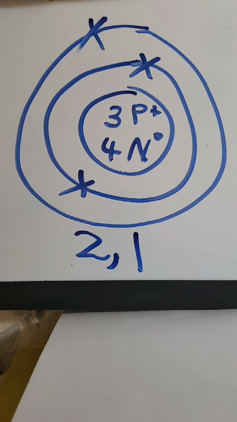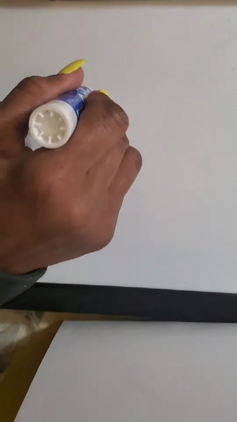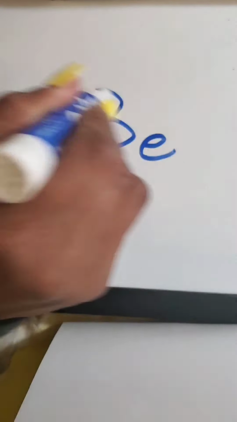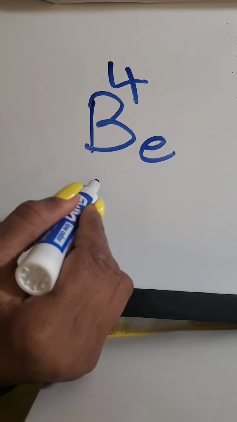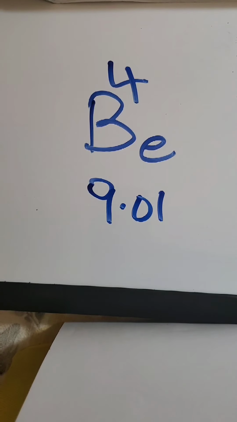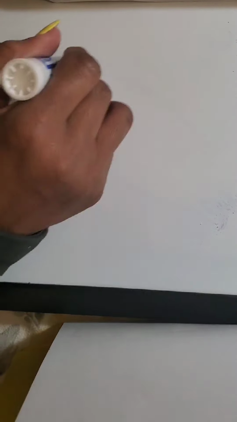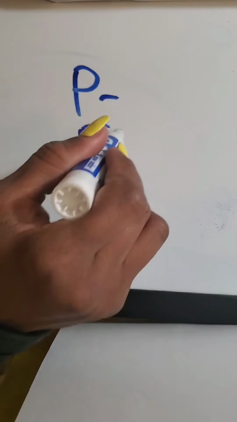Now let's move on to another atom. Let's do beryllium. Be is the symbol. The atomic number is 4 and the mass number is 9.01. We round that off to a 9. Our PEN is proton, electrons, and neutrons.